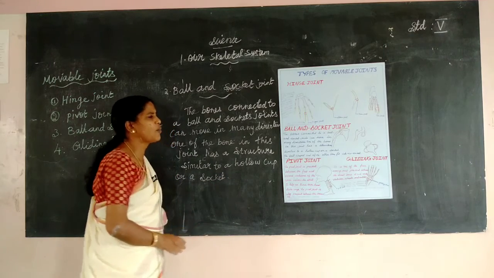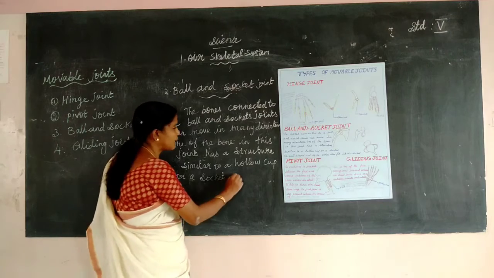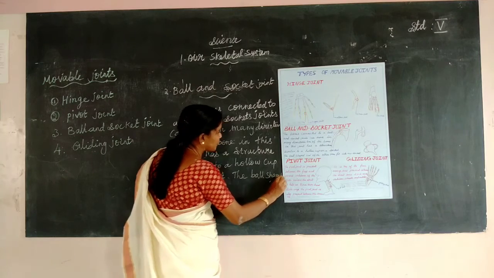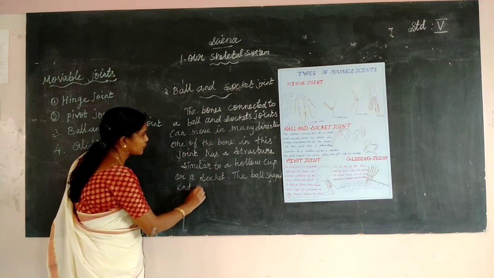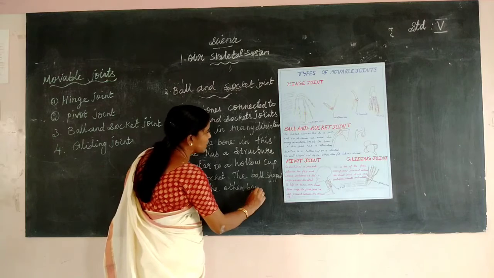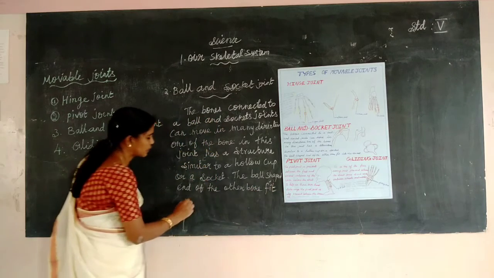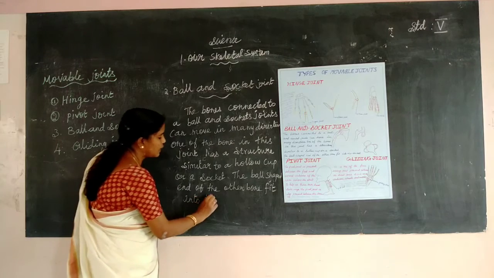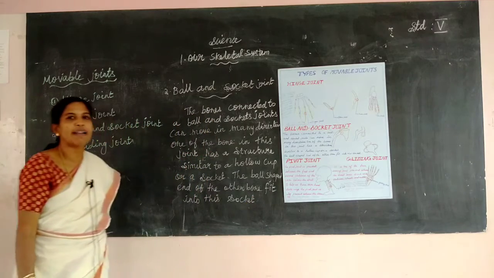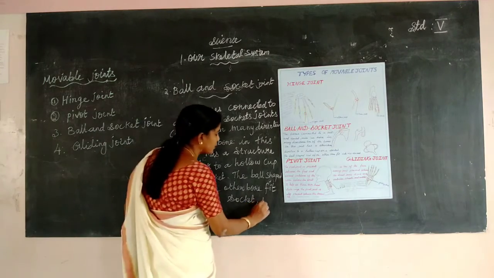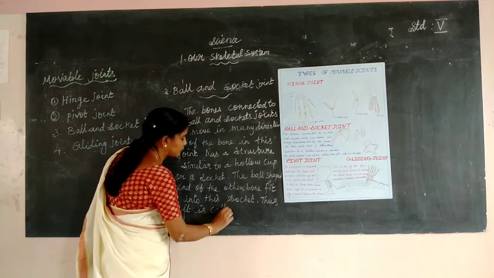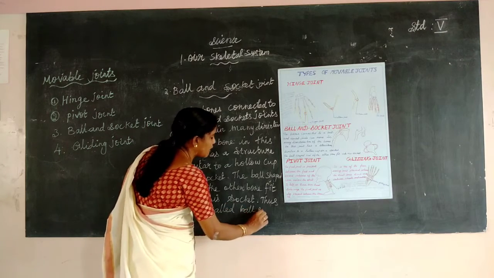The ball shaped end of the other bone fits into this socket. Thus it is called ball and socket joint.